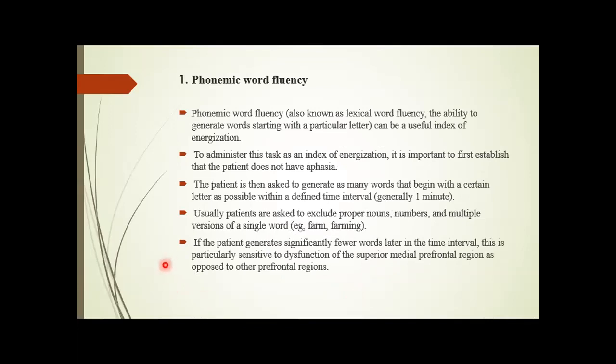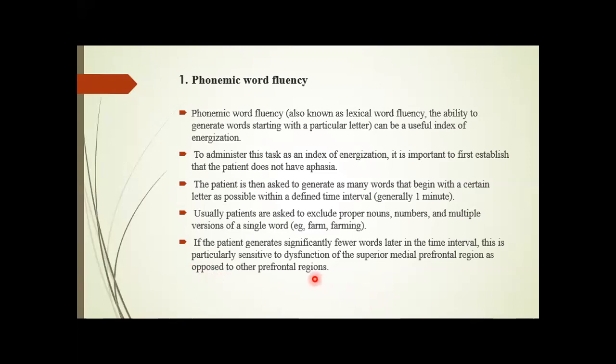The first test is phonemic word fluency. It is also known as lexical word fluency, the ability to generate words starting with a particular letter. It can be a useful index of energization. To administer this test as an index of energization, it is important to first establish that the patient does not have aphasia. The patient is then asked to generate as many words that begin with a certain letter as possible within a defined time interval, generally 1 minute.